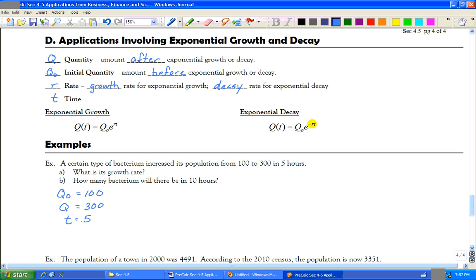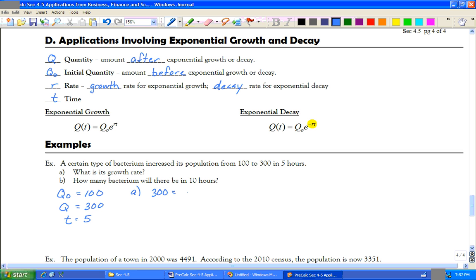So these don't need to be in years or anything like that. This is a different application than we had with annuities and simple and compound interest. Very similar equations, but we can have any amount of time. So for our growth rate, we'll substitute everything into our equation since this is exponential growth.